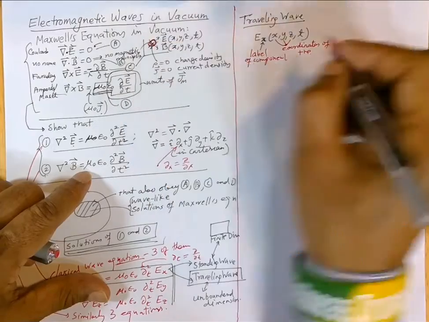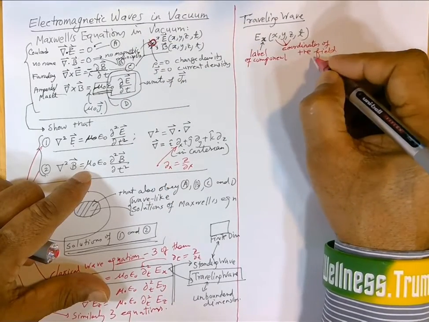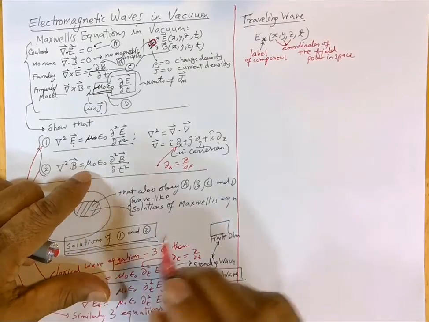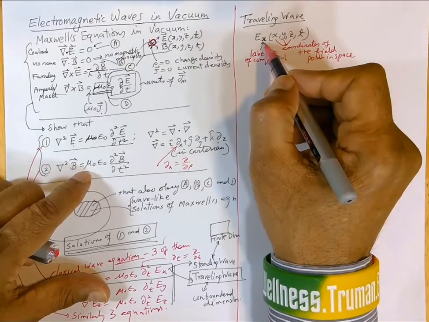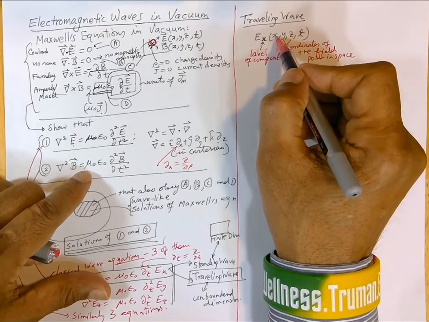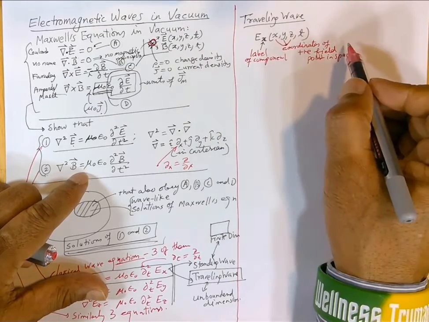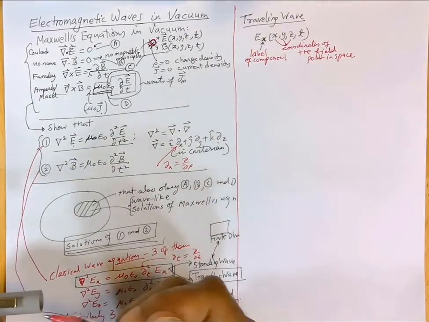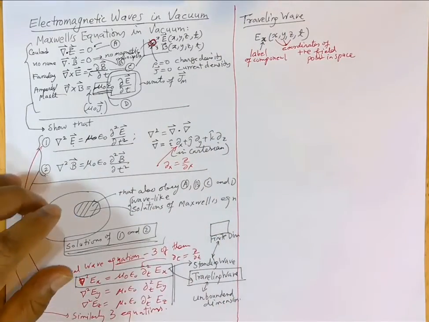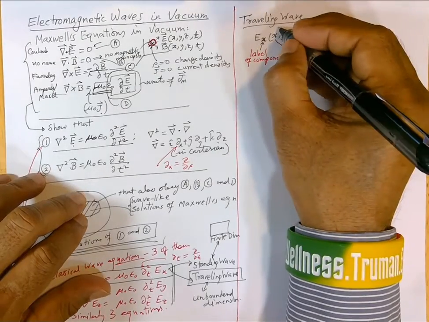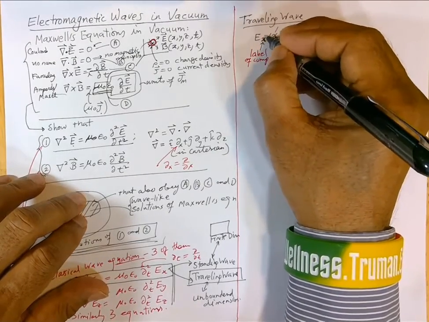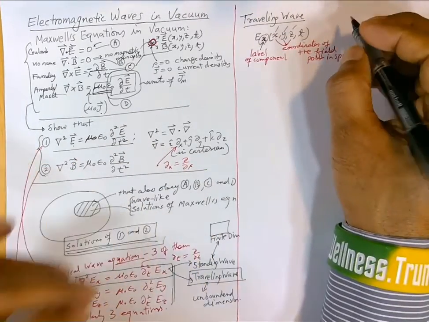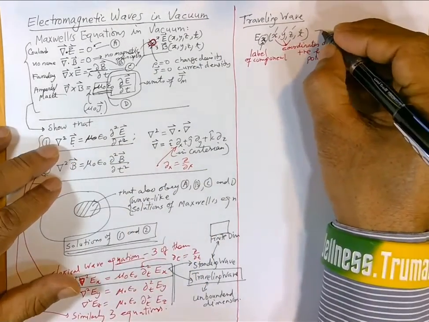This is the field point in space. So don't confuse this x with that x. The only thing is this x must correspond to some x coordinate, and this is a component in that direction. So there's a relation, but this will have some real values, but this will not have real values, right? This is just a label.